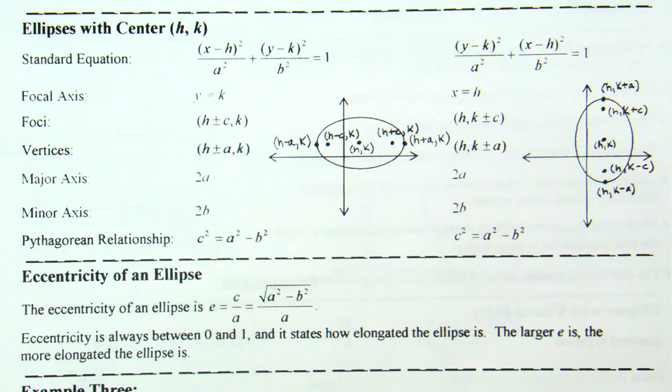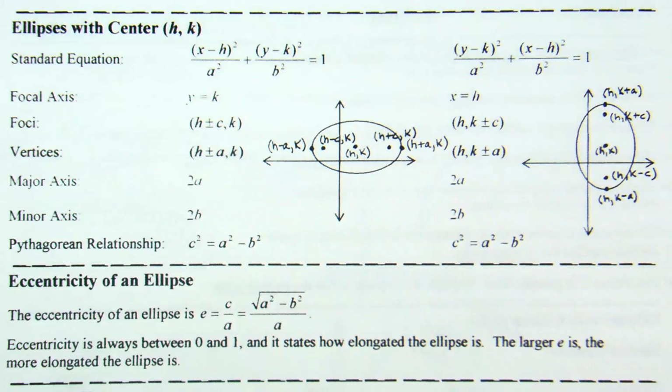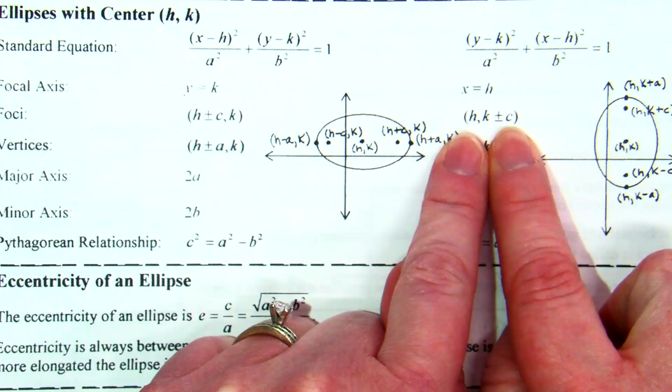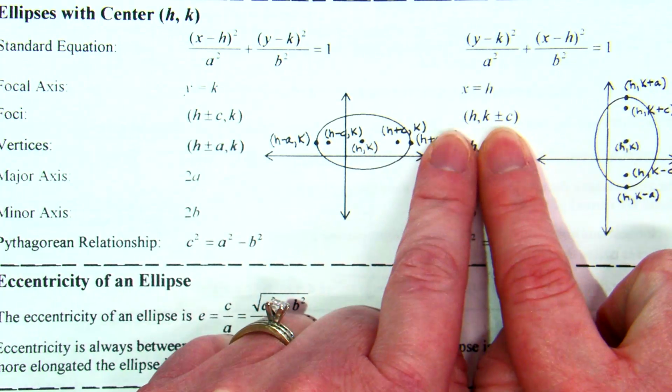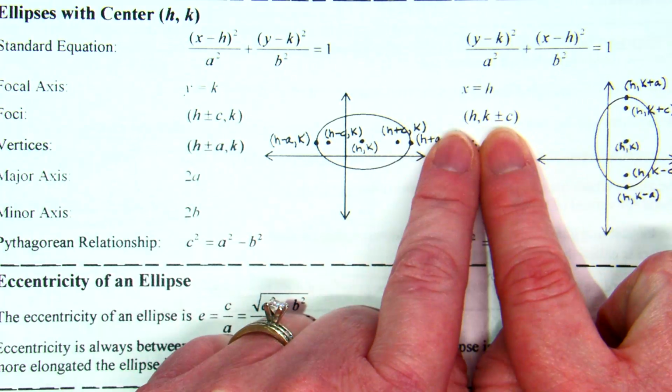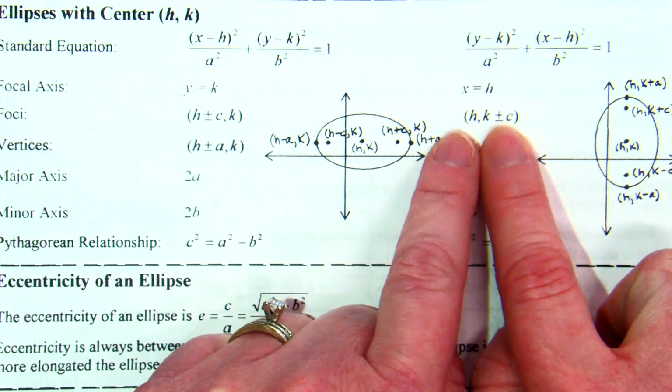Now, can you see how the foci and vertices connect? In the problem we just did on the front side, my foci were 0 plus or minus c. Do you still see a 0 and a plus or minus c, and then just an h and k added in? On the front side, my h and k were both 0, so 0 plus or minus c. Now h and k are going to be some number other than 0.